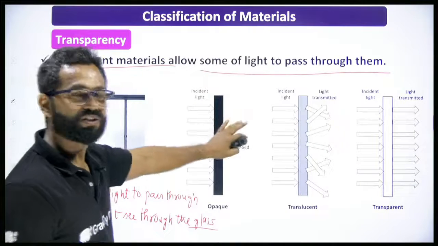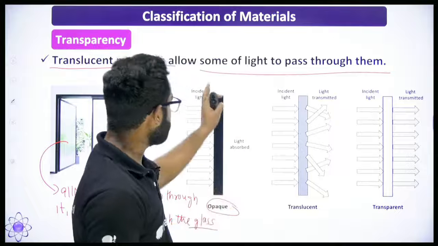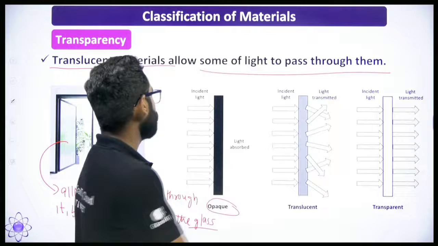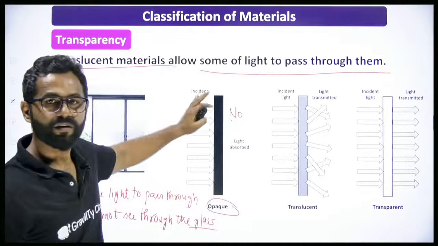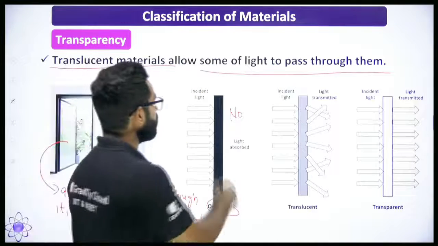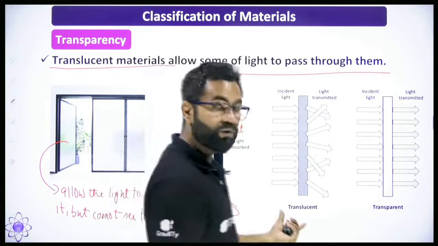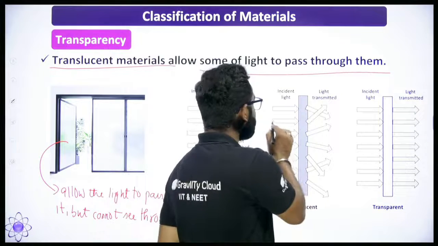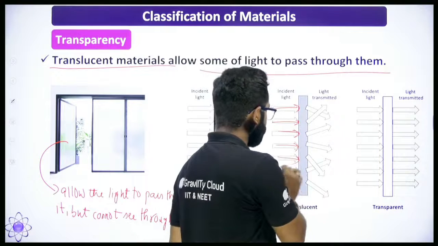So if you look at this image here, if the object is opaque, it will not allow the light to pass through it. There is no light here, right? The light came from here, the light was absorbed by the object, and there is no light here. In the case of translucent material, the light strikes the surface of the material, right?